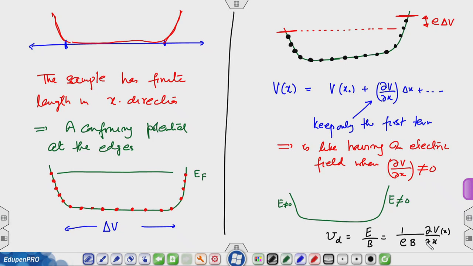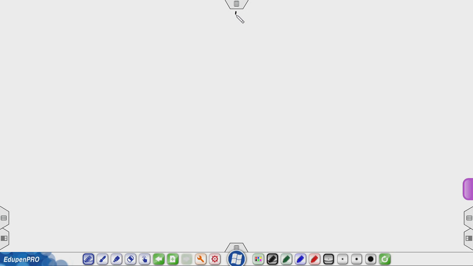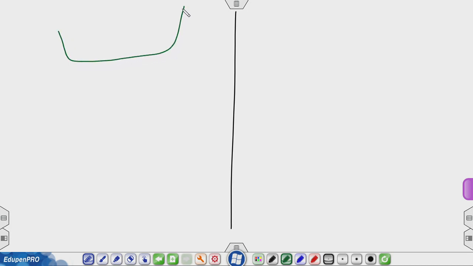So, these electrons start drifting, and now let us go to the next slide. What I have shown you is that when I apply this field, I have this tilted potential. This is EF on the left hand side, EF on the right hand side, and these states are filled below EF.